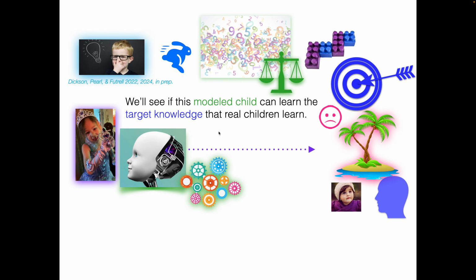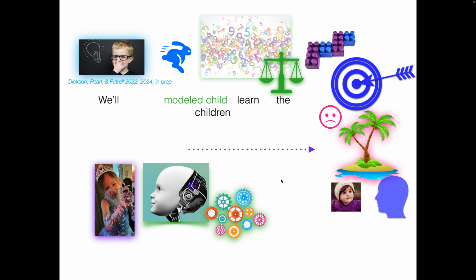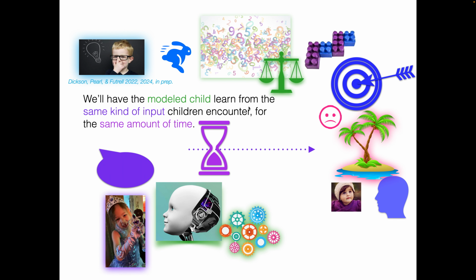So now we'll see if this model child can learn the target knowledge that real children actually seem to learn about syntactic islands. We'll have the model child learn from the same kind of input that children encounter and for the same amount of time that we think they get to learn from it. So what does that look like? We can estimate the input, like what kind of WH dependencies they are learning from, say from the child's treebank of collected data of child language interactions.